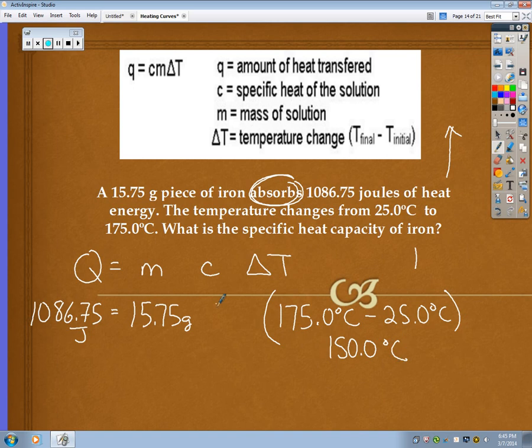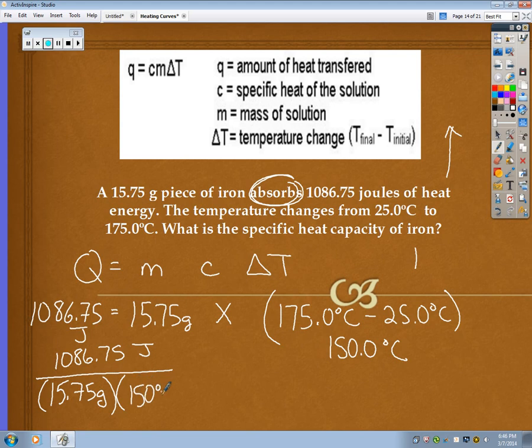And what am I solving for? I don't know specific heat. That's my x. So how do you solve? You take 1086.75 and you divide by 15.75 on both sides, and you divide by the temperature change, 150 degrees Celsius.